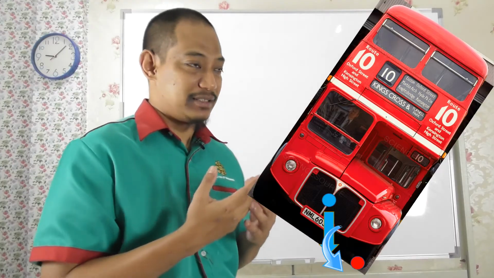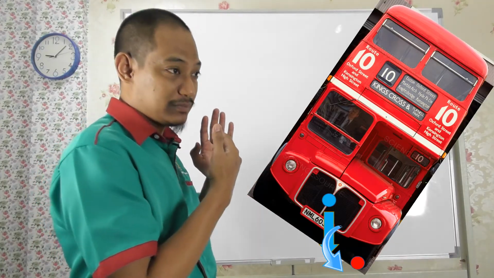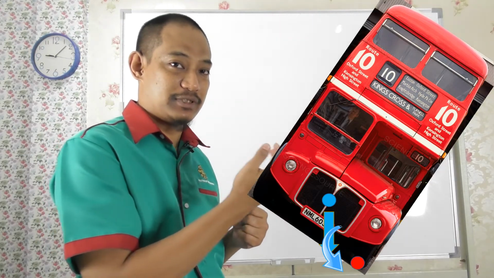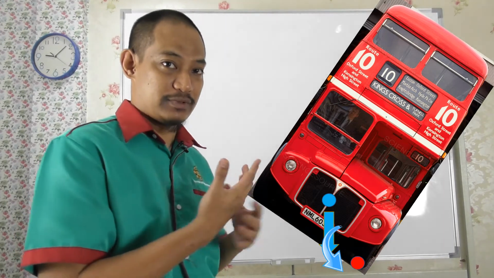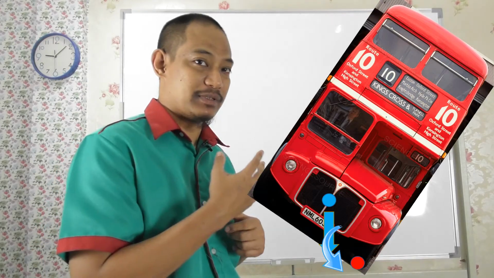Hence, despite what seems to logically tend to tip over, it is actually gravity itself that is stabilizing the bus, preventing it from tipping over. So the location of the center of gravity is important in determining how stable, for example, this double-decker bus is.